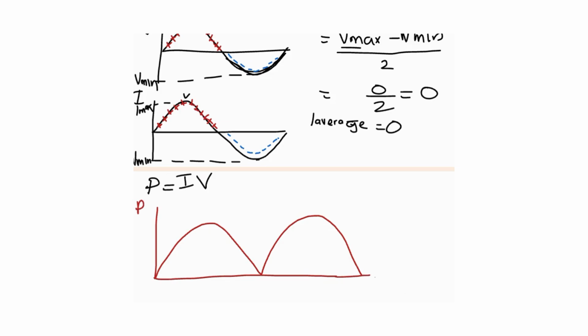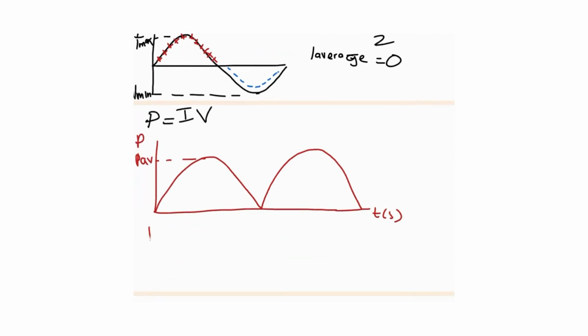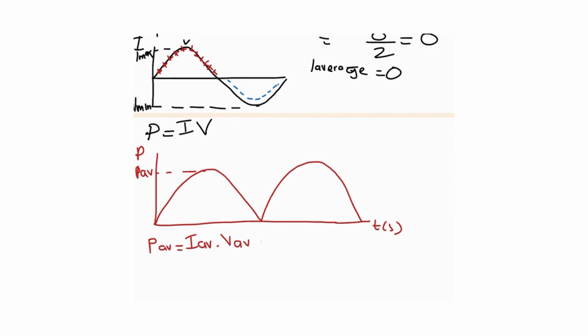It's P there, and it's time, and we still have the same thing, we still have P average. Okay, so if I am to do P average, P average is going to be I average times voltage average.